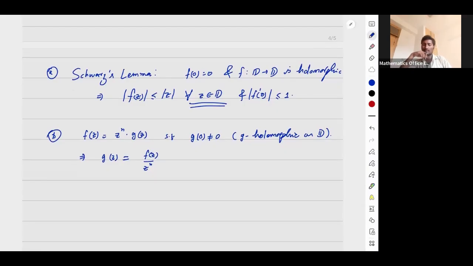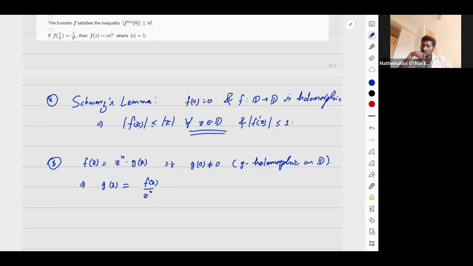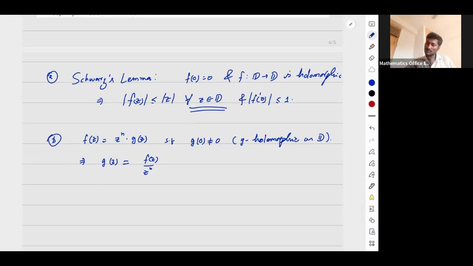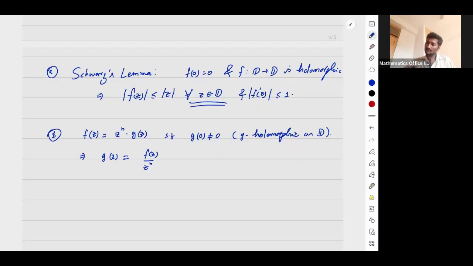What can we see from here? This function does not vanish at 0, right?